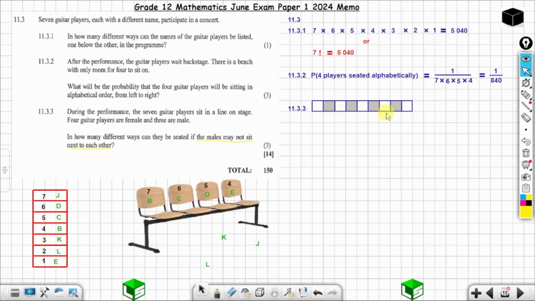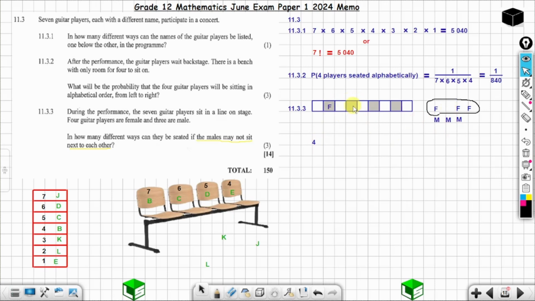So we have 4 females and 3 males. Let's start. In the first place, I've got 4 options to choose from. So I can put this one there.